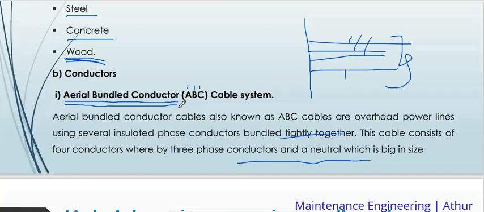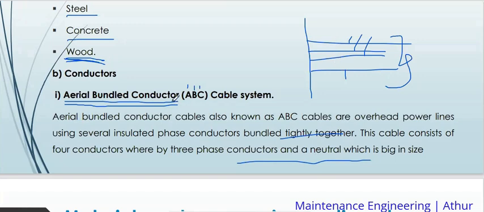Why? Because they have importance, like they are friendly to the environment, they don't cause severe accidents. When these bare wires fall down, imagine kids coming from school, many of them will die from these conductors because they are live and they carry power.